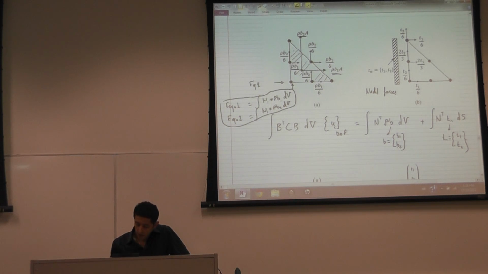Now similarly, if I have a distributed load on the surface, this is the force per unit area of the element. What I'm interested in is taking that total load and converting it into forces on the nodes. The equation to convert the total load into forces on the nodes is the integral of N transpose Tn integrated over the surface.